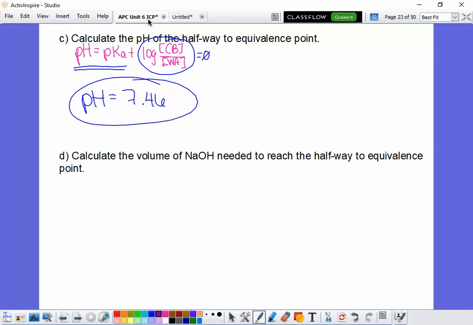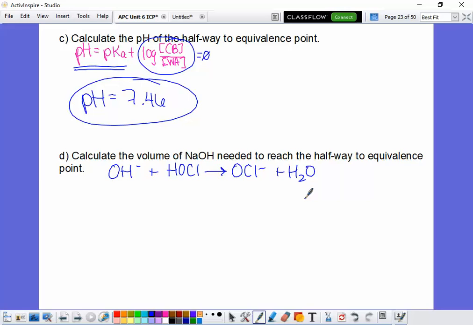Now, let's calculate the volume of sodium hydroxide we need to reach that halfway point. Okay? So, in our reaction, we have hydroxide reacting with HOCl, and that's forming OCl minus plus H2O. We have a finite amount of which substance?